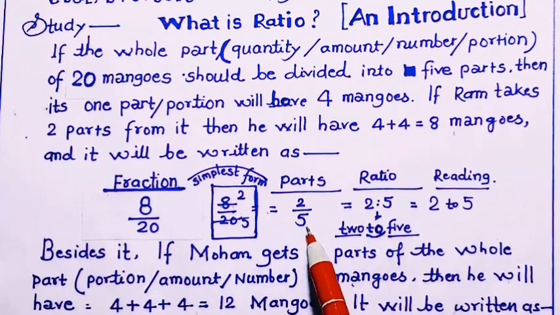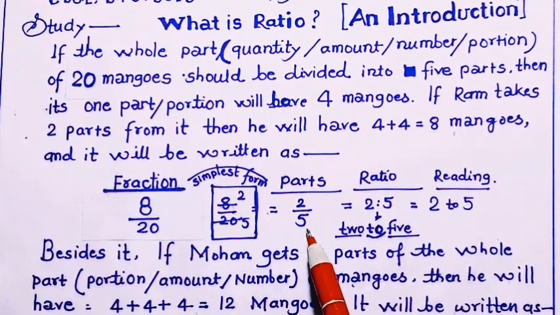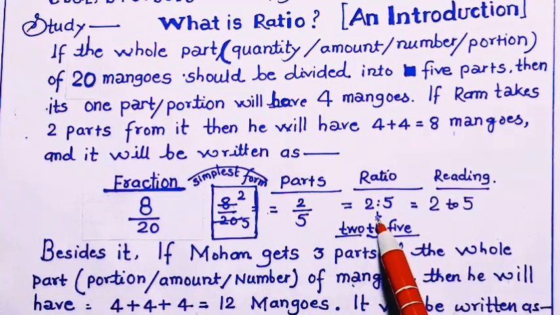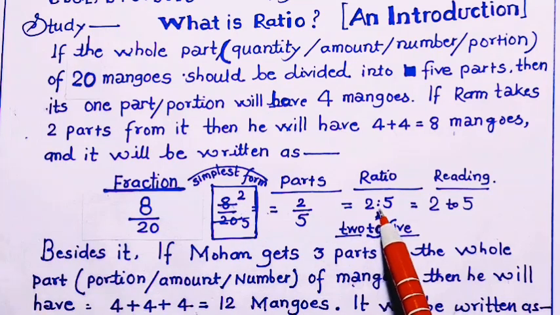This is the simplest form, and when it is expressed as a ratio, it will be written 2 to 5.